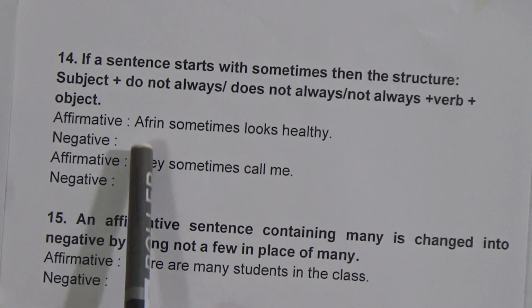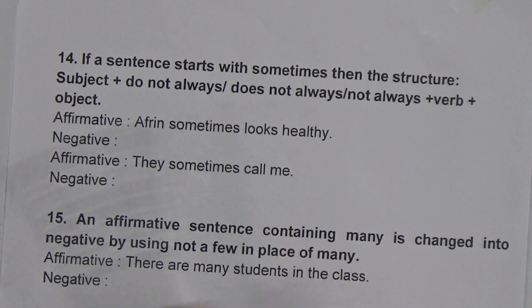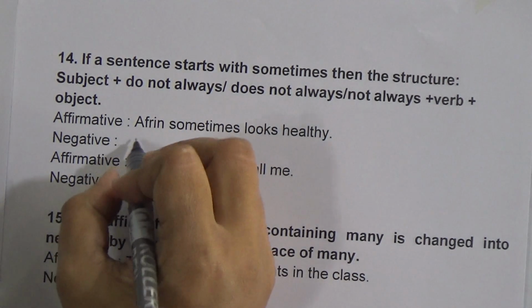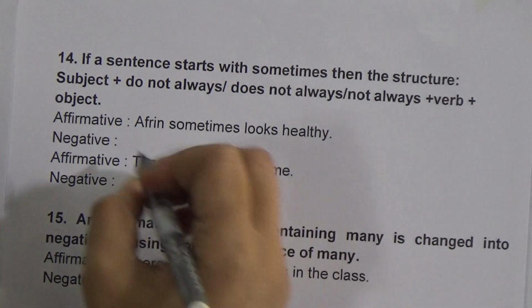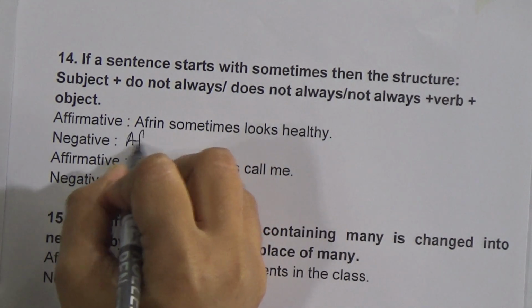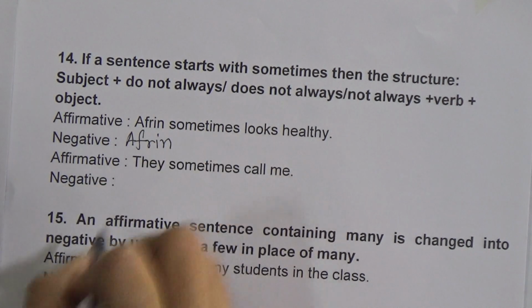Okay, so Afrin sometimes looks healthy. This is our affirmative sentence. So how will you change it? If you find sometimes, we will write does not, or do not, or not always. Okay, so at first we will write our subject Afrin.